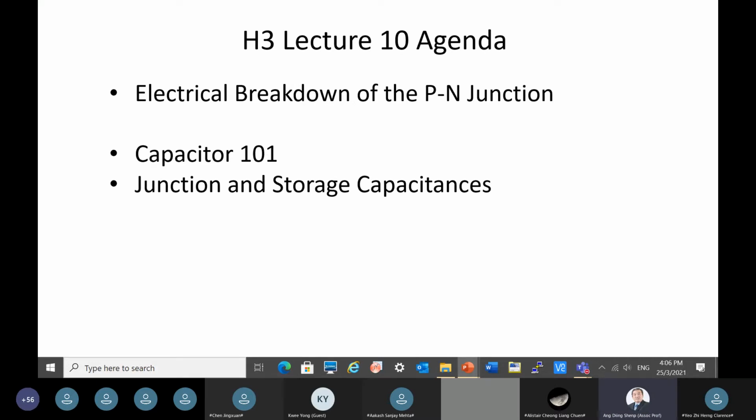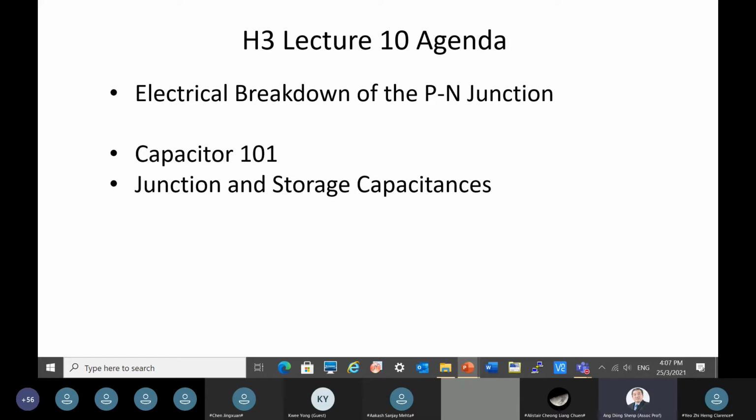Now, the agenda for today is as shown. There are two main topics that we are going to cover. The first one is on the electrical breakdown of the PN junction. And the second topic is on junction and storage capacitances of a PN junction.